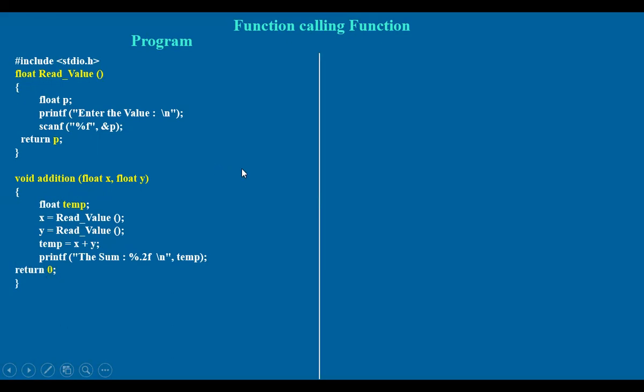Next, we write another function to get the difference of these two values, x and y. The same principle is repeated. Here we assign the value obtained by the read value function to x, and the second time, repeating the same function, read value is assigned to y. So we are getting x and y values.